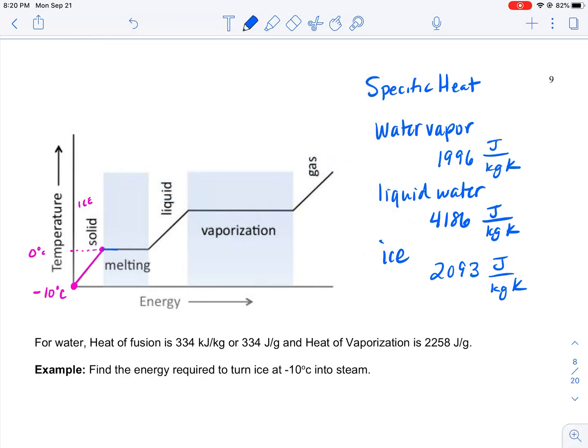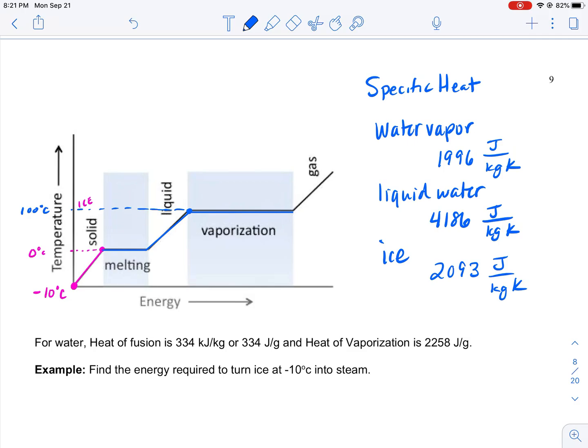Then when it's converting from solid to liquid, the temperature does not change. It remains at 0 degrees Celsius. Once it converts into liquid, 0 degree Celsius water, now I can raise its temperature again until I get to the point where the water will boil. And we know that that point is 100 degrees Celsius.